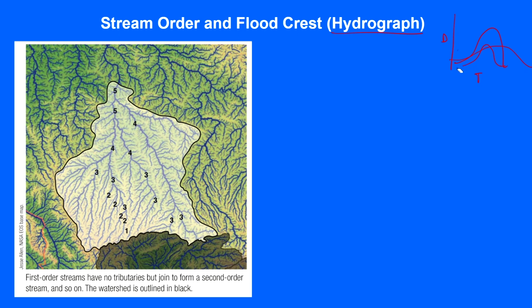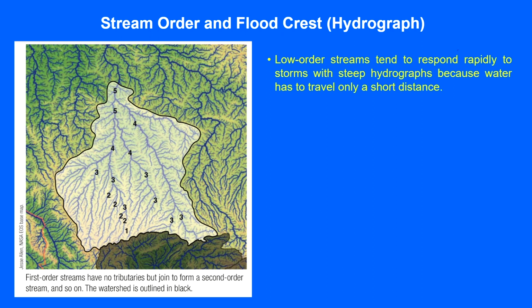The stream order and flood crest, that is your hydrograph, what we have seen here, that there is discharge and time. So whether it is like this or like this, or it is smooth, what is the importance of this hydrograph and the stream orders that we have discussed briefly ahead?